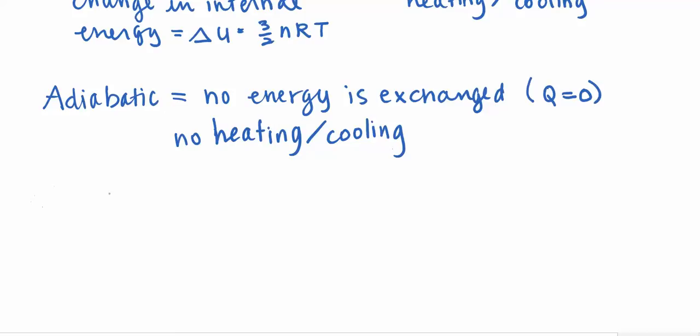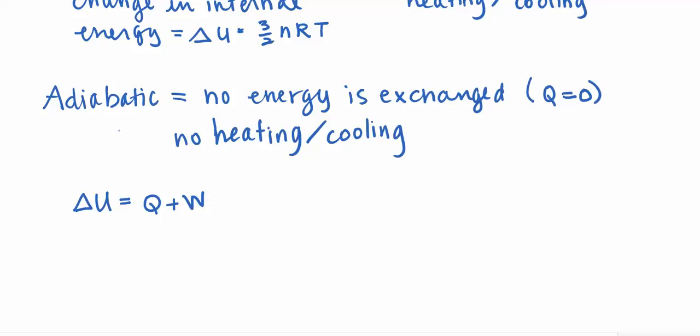Because if the first law of thermodynamics is delta U is equal to Q plus W, so the change in internal energy is equal to the amount of energy added plus the amount of work done on the gas.